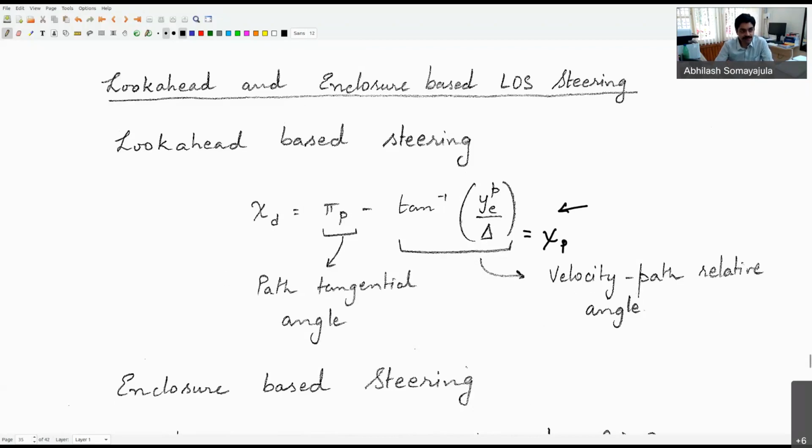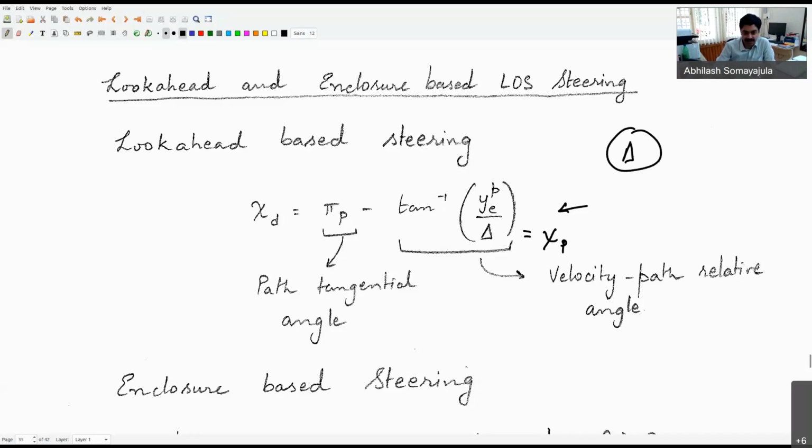Now, there is a different methodology also available for steering guidance laws, and that is called enclosure-based LOS steering, enclosure-based line of sight steering. Notice that when we are looking at the look ahead distance, we are specifying everything in terms of this look ahead distance. That is our main parameter.